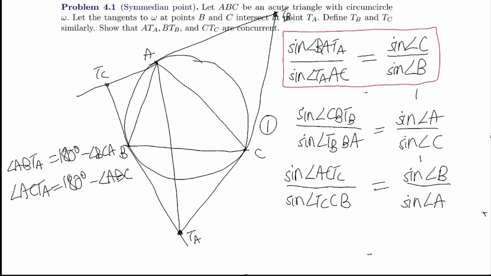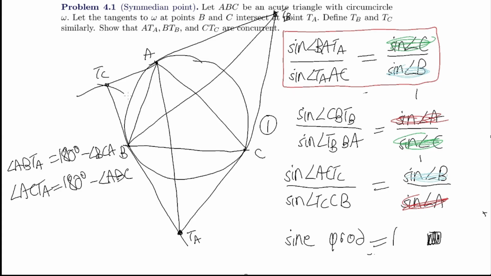But then the sine A terms cancel out, so do the sine B terms, and finally so do the sine C terms. So therefore, we have that the sine product is equal to 1. And this proves that we are done by Ceva's theorem. And therefore, the lines ATA, BTB, and CTC are concurrent.